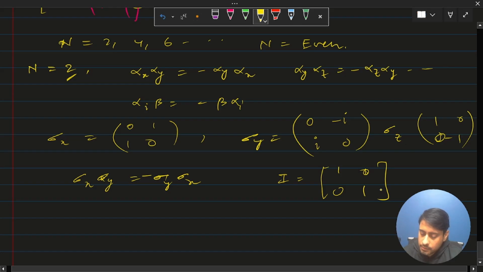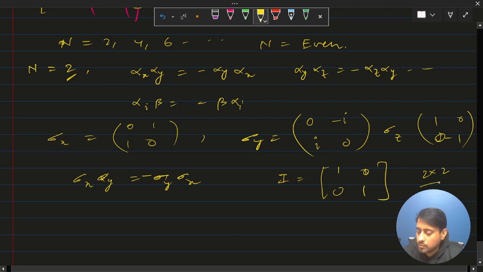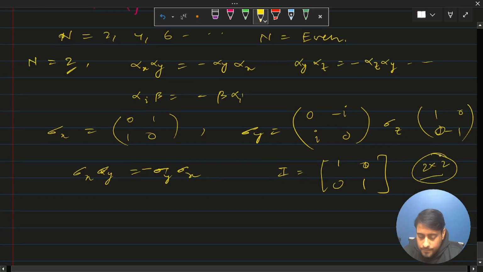These matrices are anti-commuting, and any anti-commuting matrix of 2 by 2 order can be written as a linear combination of these matrices.